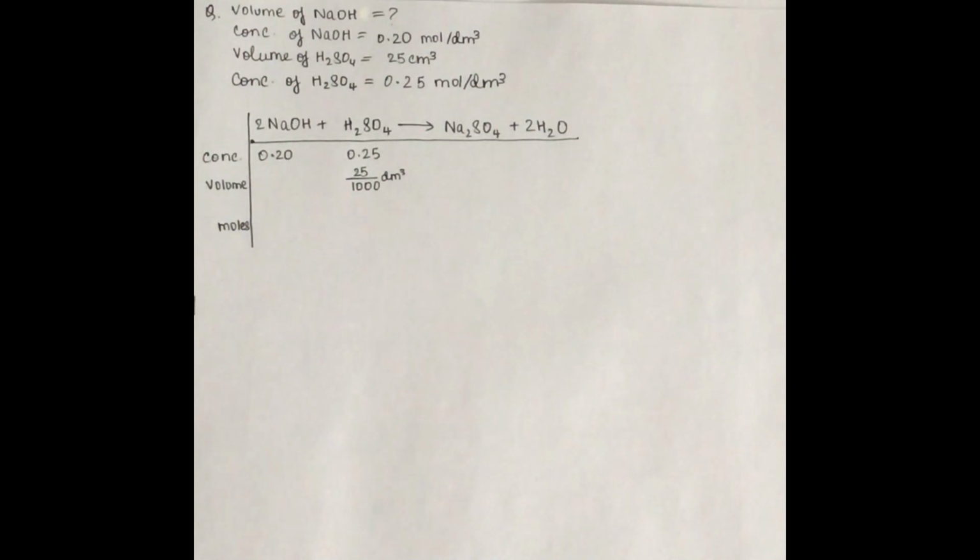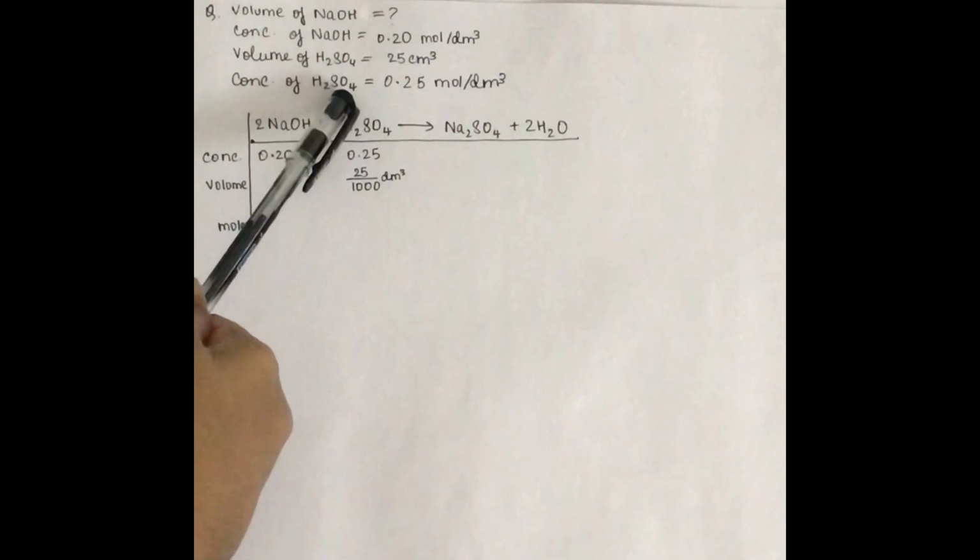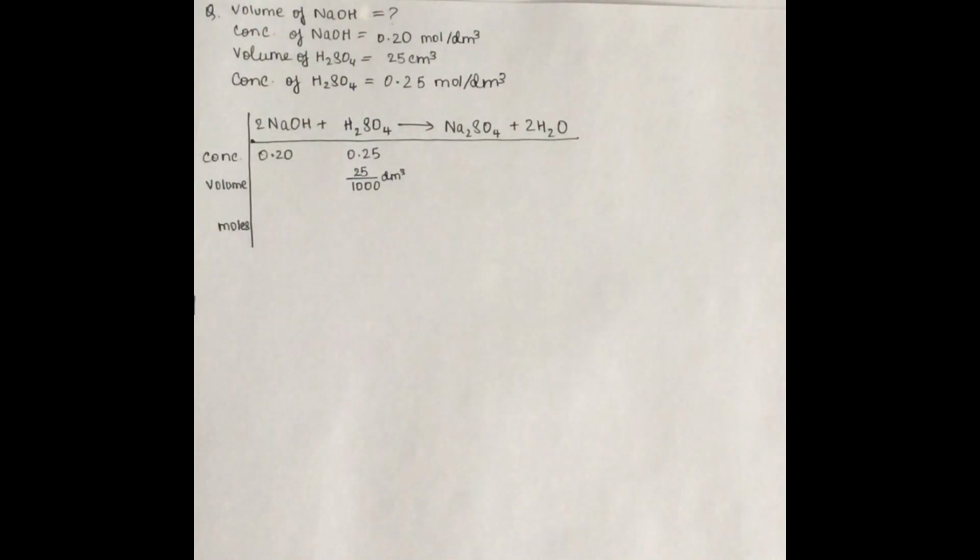The second thing to remember is that the volume of H2SO4 has been given in 25 cm³, and we need to calculate it in dm³ since all the other values are in mole per dm³. So immediately use the conversion: 1 dm³ is equal to 1000 cm³, and divide 25 by 1000, so you won't get an error in the middle of your calculation.